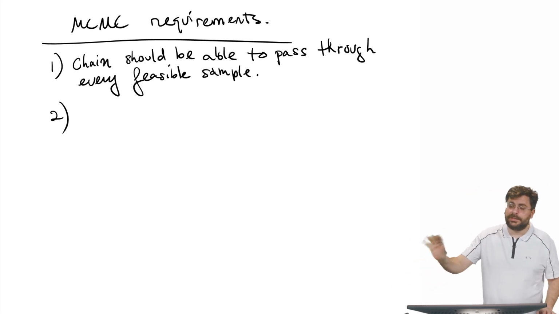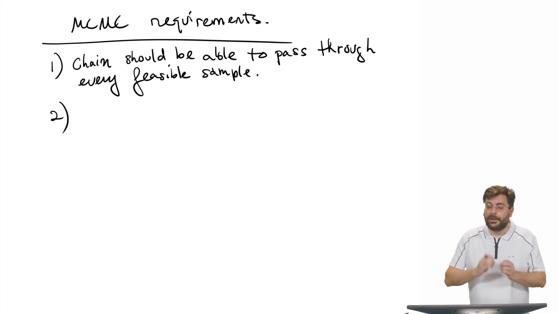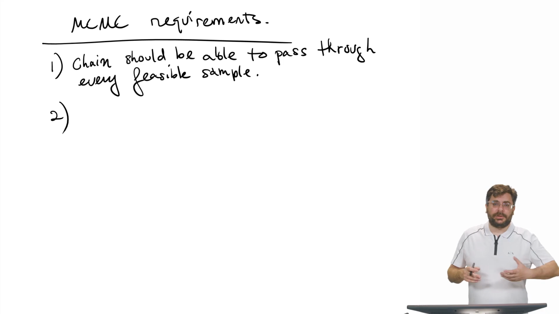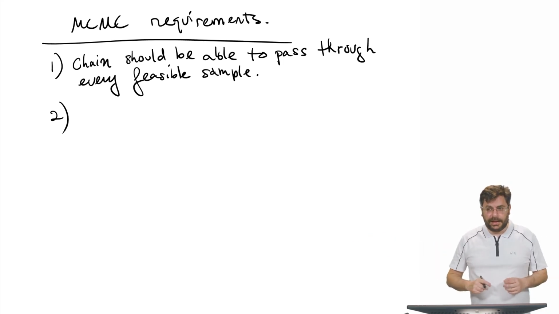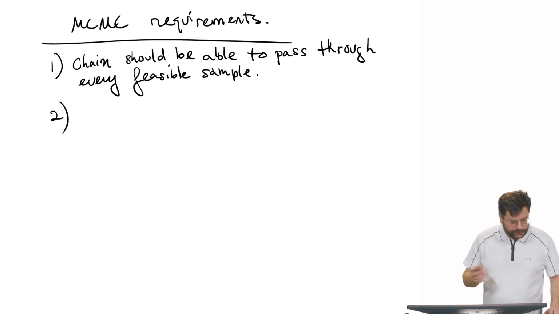So there shouldn't be a region of space that you simply cannot explore. When you propose something, you should be able to propose across the entirety of the support of your target distribution, which makes sense.